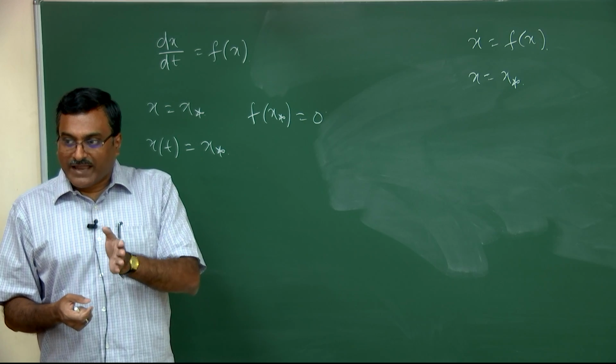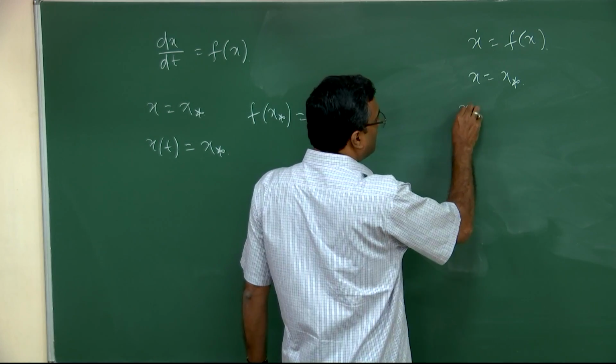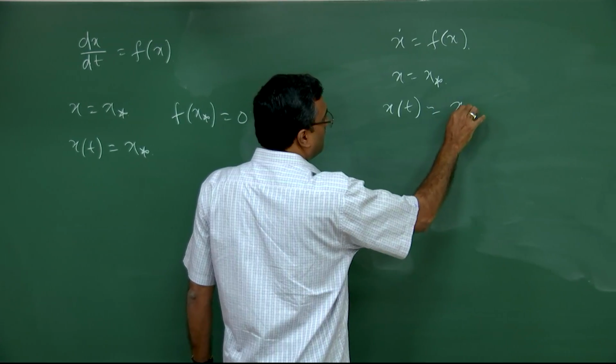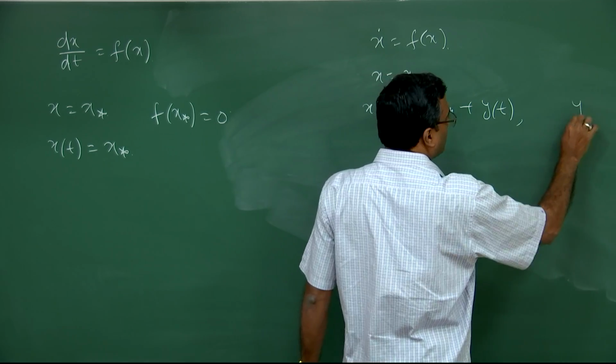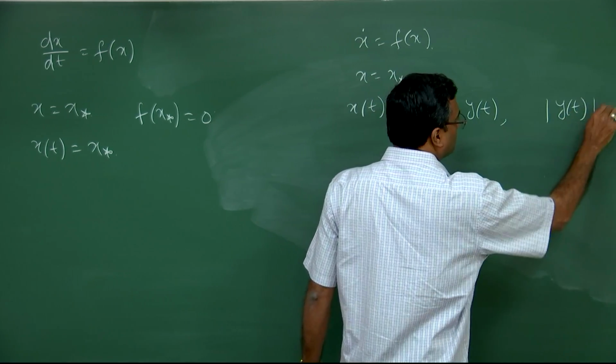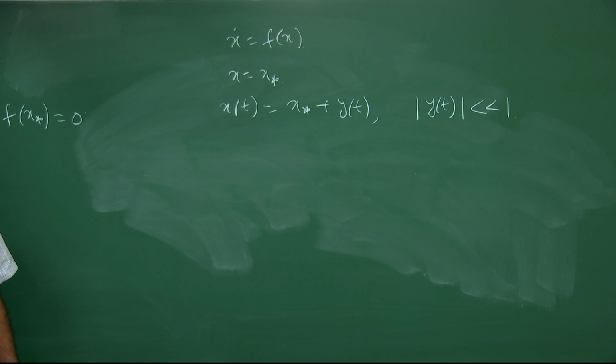Now how can it be evaluated from the linear analysis? We consider a perturbation given by x star plus yt, where y is a small perturbation, so it satisfies the condition that its absolute value is much less than 1, right.